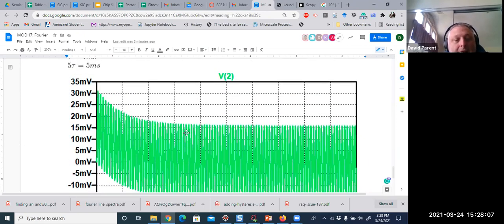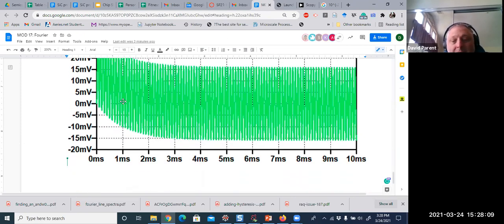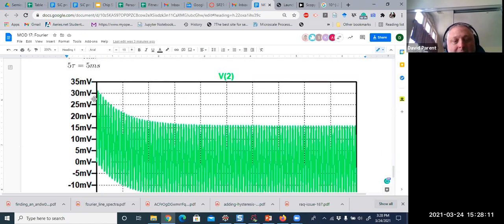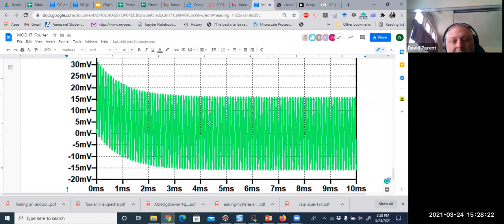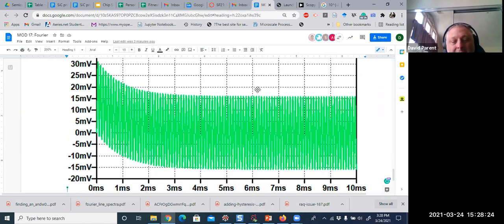But what I wanted to show you is that notice how it doesn't start off like a regular sine wave. It starts here and then it decays down to the sine wave. And you can see how long that takes, about 5 tau.